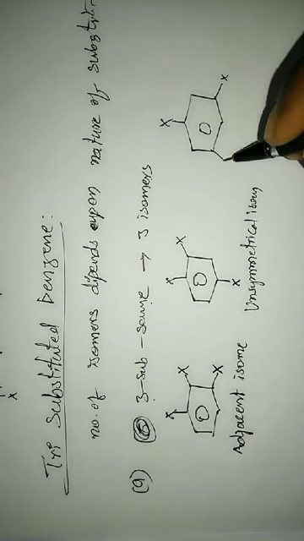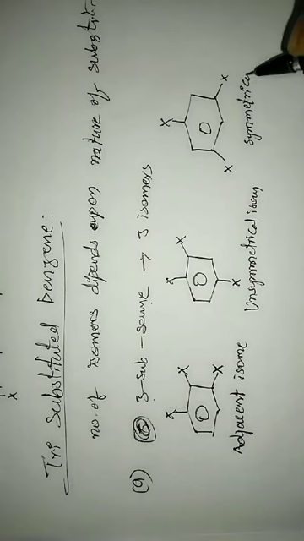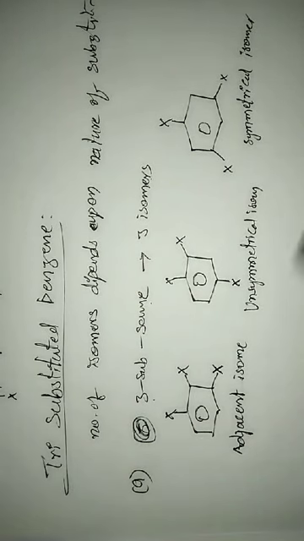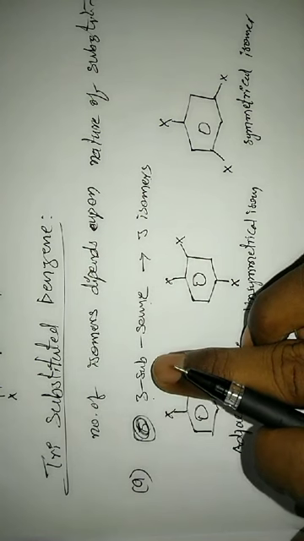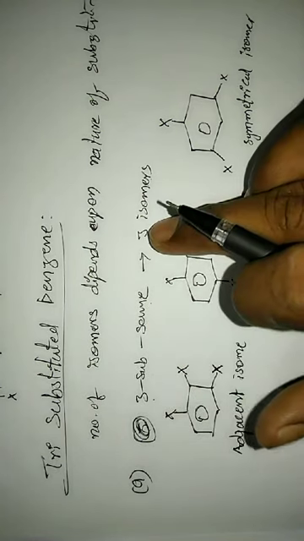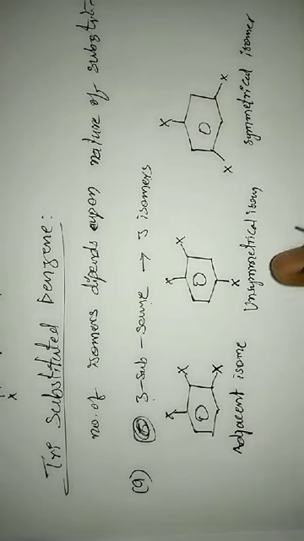This is the symmetrical isomer. When the three substituent groups are the same in trisubstituted benzene, it produces 3 isomers. They are the adjacent isomer, unsymmetrical isomer and symmetrical isomer.